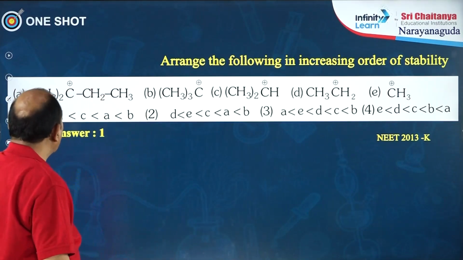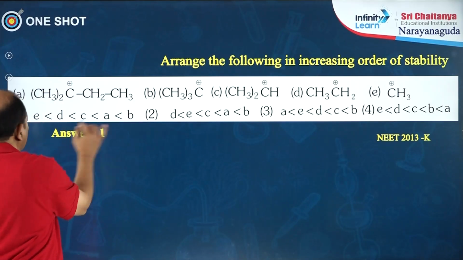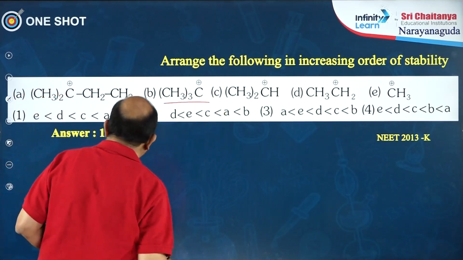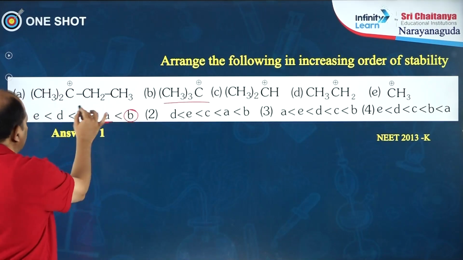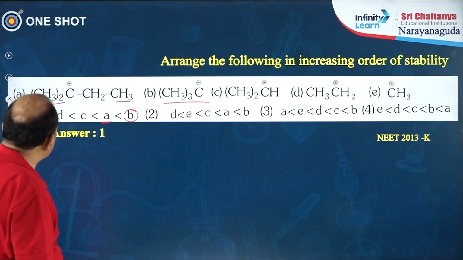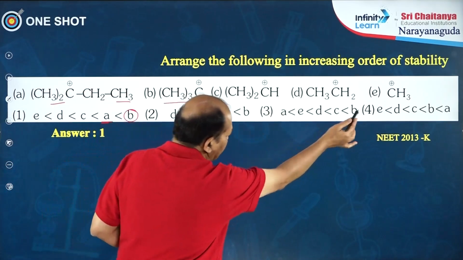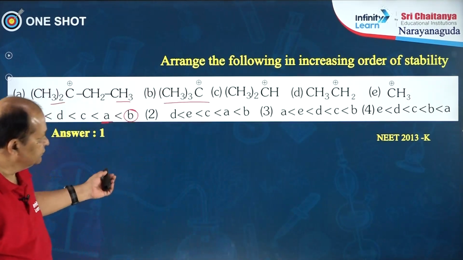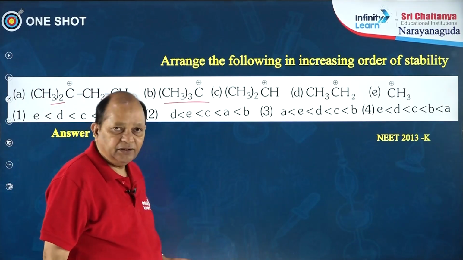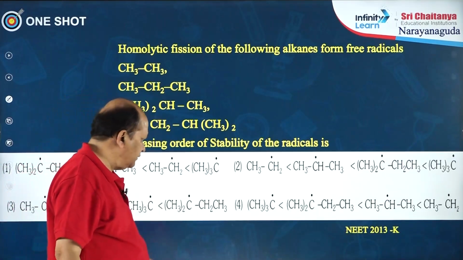So, the first option is the right option, because here B is having highest stability, that is tertiary butyl carbocation, followed by A, in which you can find 8 hyperconjugative stabilization structures, and then followed by C isopropyl, then ethyl and then methyl. So, it is a very simple question which is based on the number of alpha hydrogens present in different carbocations.